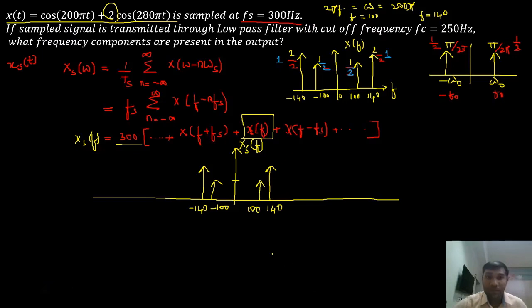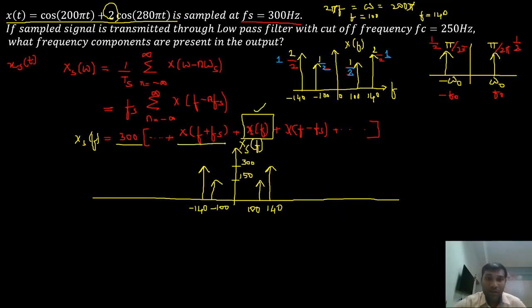Let us continue now. So 1 into 300 is 300. So at 140, the amplitude is 300. And at 100, the amplitude is half of 300, that is 150. Right? Now x of f I have completed.